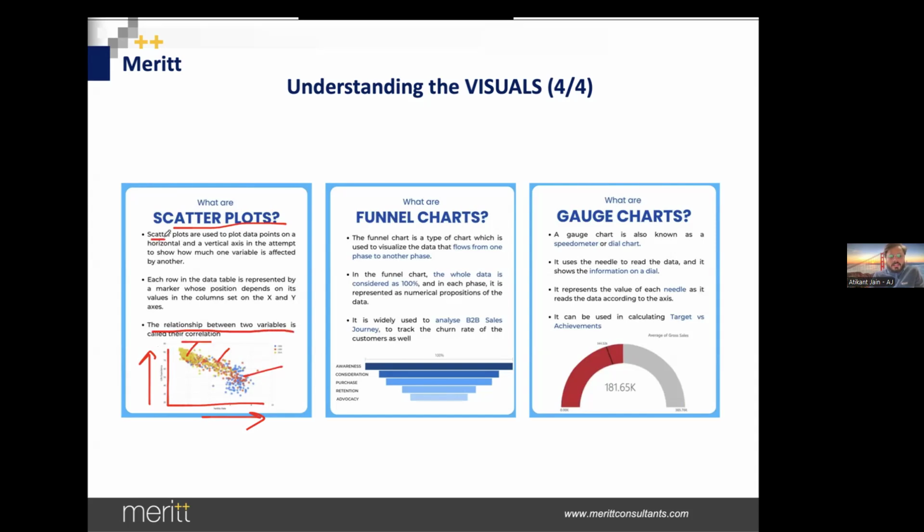If we understand the definition of a scatter plot, they are used to plot data points on a horizontal and a vertical axis in an attempt to show how much one variable is affected by another. Let's say you want to see how an employee's work experience impacts performance.